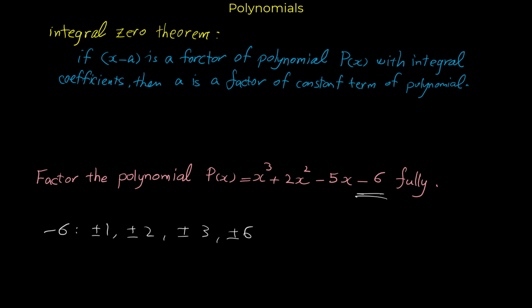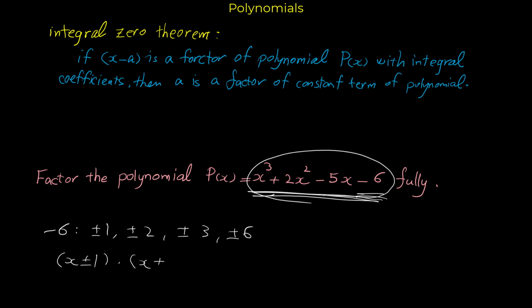By writing the factors of 6 or -6, which are these numbers, now we know that the possible factors for this polynomial are x plus or minus 1, x plus or minus 2, x plus or minus 3, and x plus or minus 6.